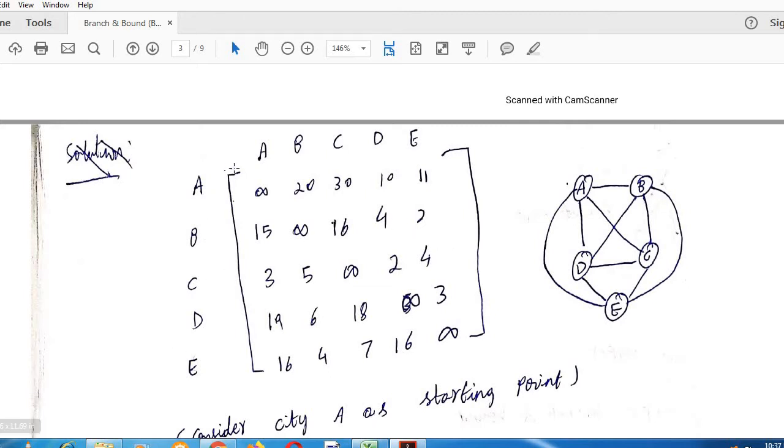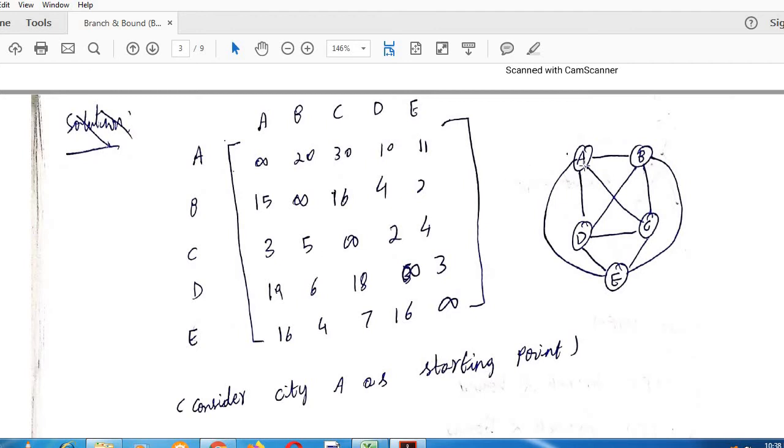As you can see, it's a 5 cross 5 matrix, which means we have to consider 5 cities: A, B, C, D, E. In this problem we will start with source city A, considered as the starting point.